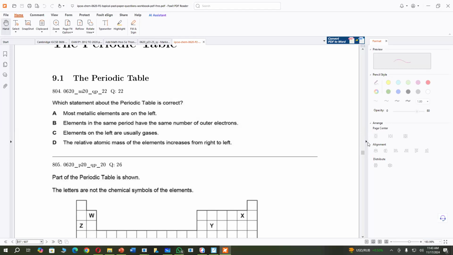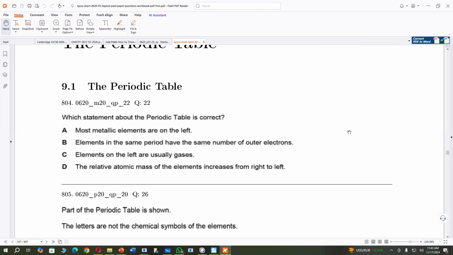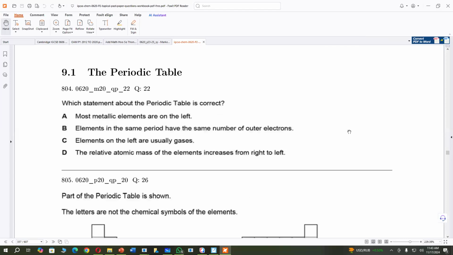Actually, MCQ matching is also possible. Have you brought both the books or only paper 4? Good.